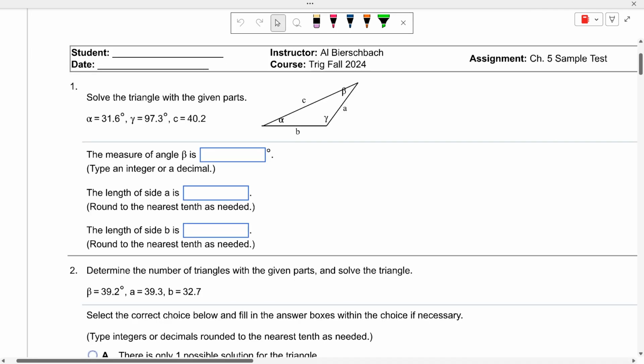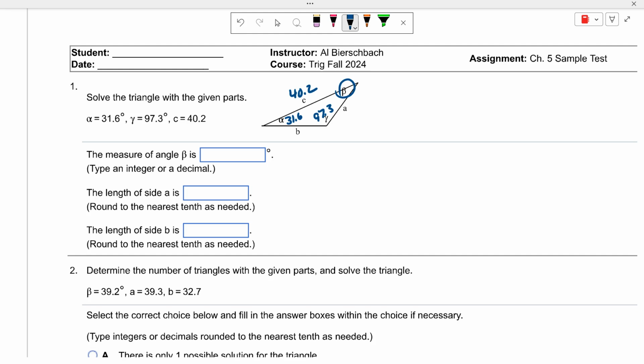What did we learn at the start of the chapter? Law of sines. So, to figure out angle B, we were given 97.3 for that, 40.2 for that, 31.6 for that. So to figure out angle B, we just subtract from 180.